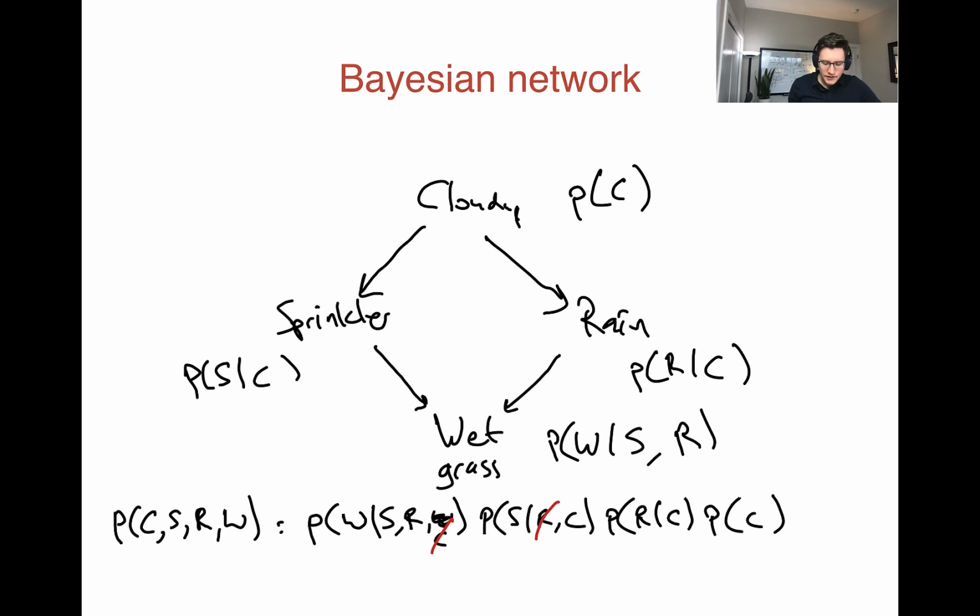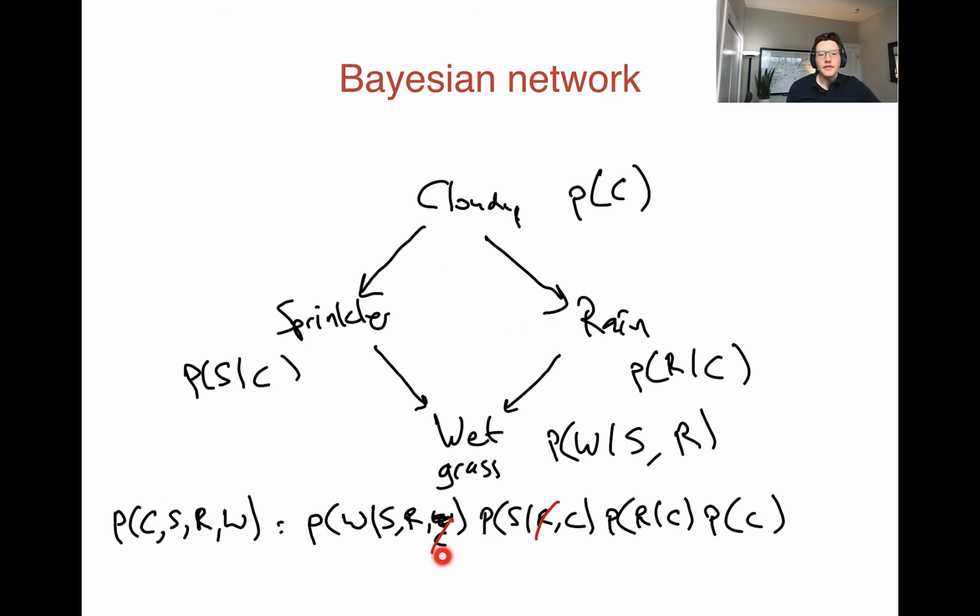Now notice that once we've done that, we get exactly those conditional distributions that we had specified in our Bayesian network. Probability of W given S and R, probability of S given C, R given C, probability of C by itself. The reason we could cross these things out is because of the conditional dependence that we've specified in the Bayesian network.